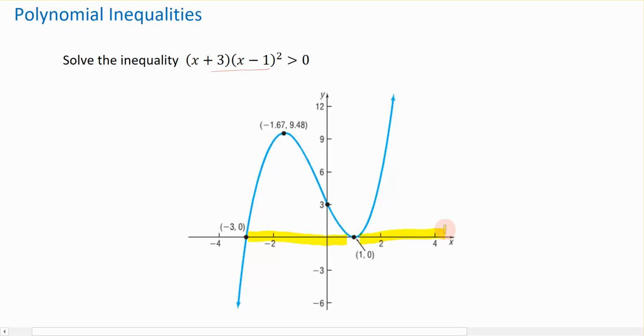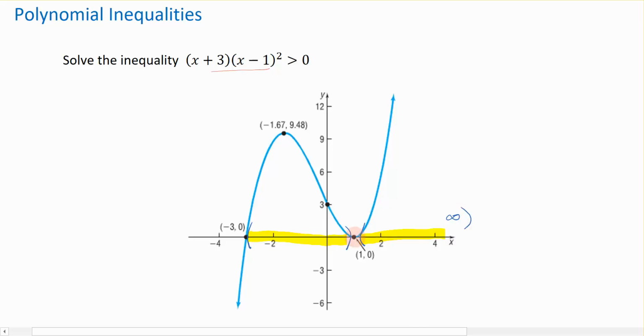One of the things you also want to remember is because I have this symbol here, I am greater than but not equal to 0, then I am greater than 0 between -3 and +1, but then I'm also greater than 0 from 1 all the way to infinity.